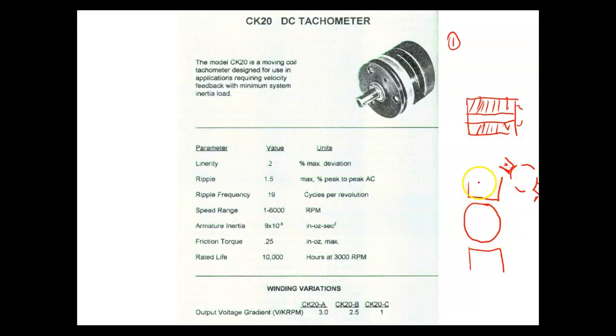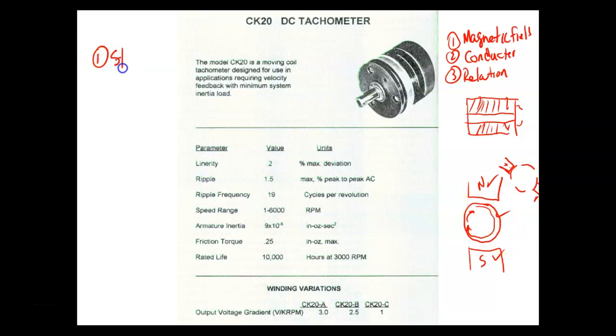So I have a magnetic field. There's always a north and a south. And then I'm spinning a conductor through this. So what determines the amount of voltage we get? We've got a magnetic field, we've got conductors that we're spinning through the magnetic field, so all we need now is motion. Now what determines the amount?